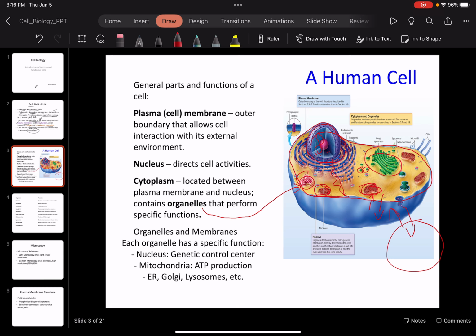Each fruit represents these organelles. These organelles have different names. Your job is to learn each organelle's name and know what their function is. What does this organelle look like, structurally different from this one? So their functions are also going to change.